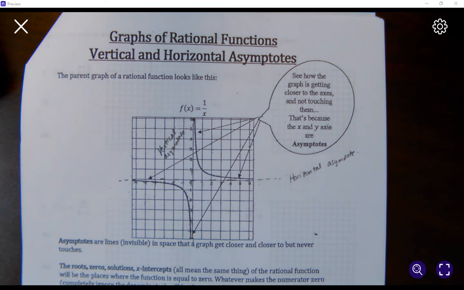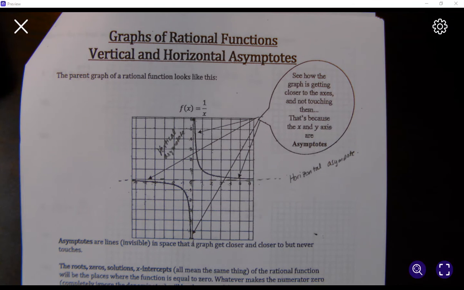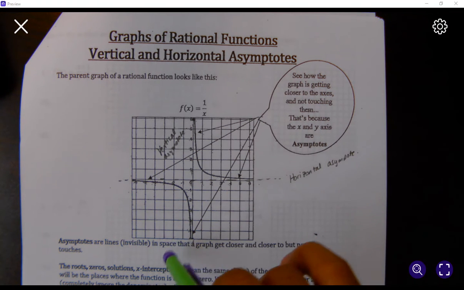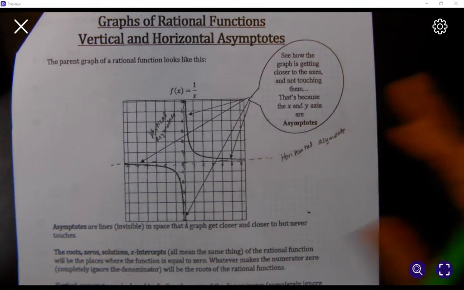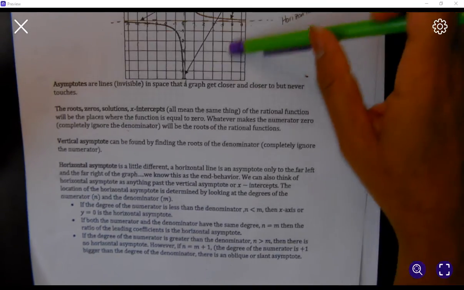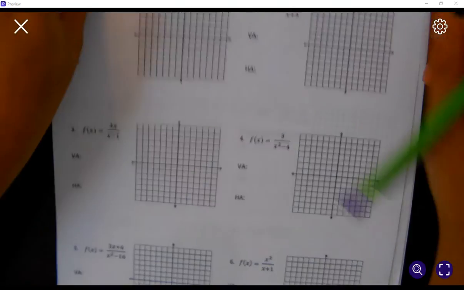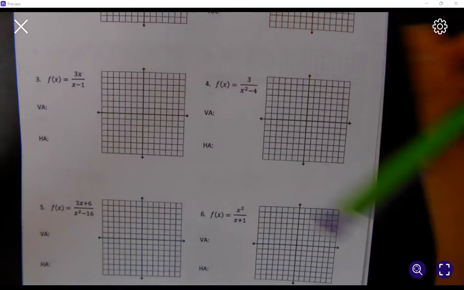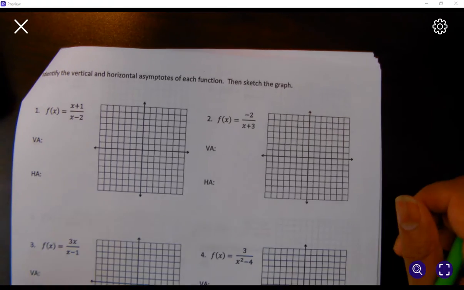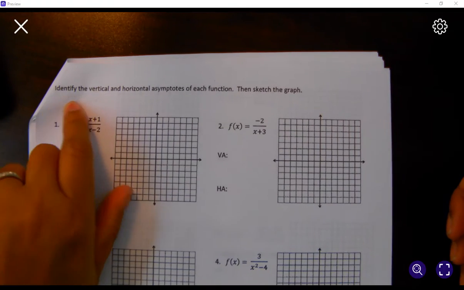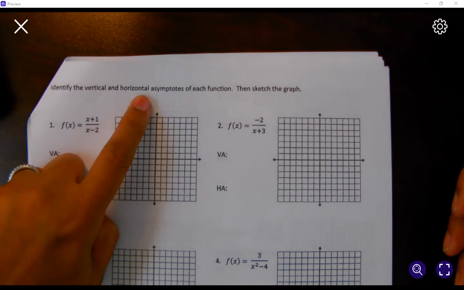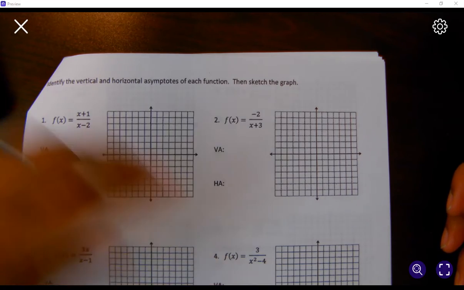Now, here's just a description about it, okay? So we have all of this. We don't have to look through all of that. We'll just start with the findings here. Alright, so page 12. Identify the vertical and horizontal asymptote for each function.